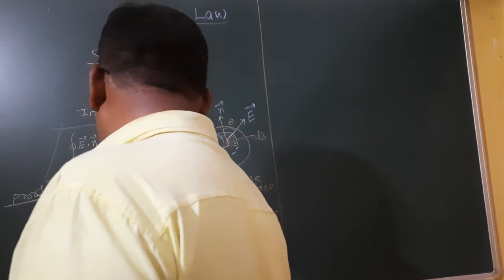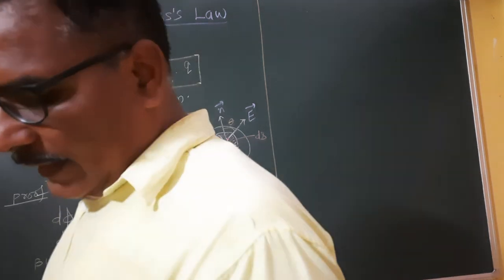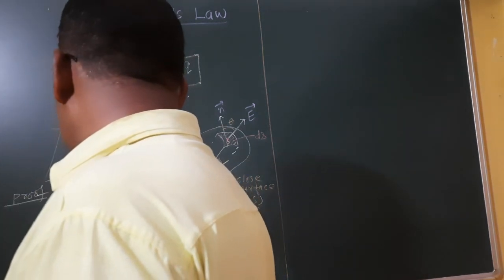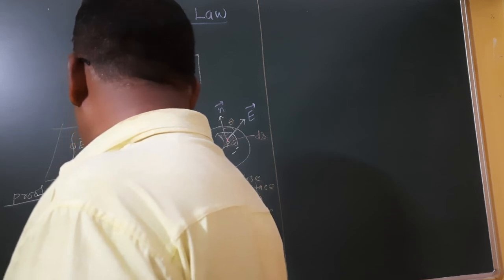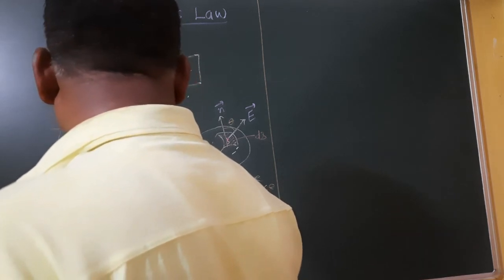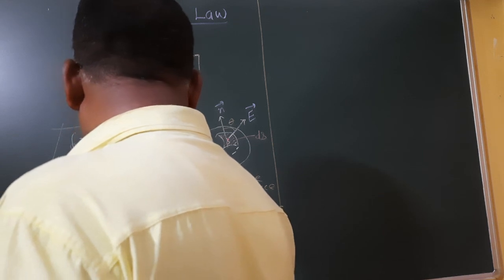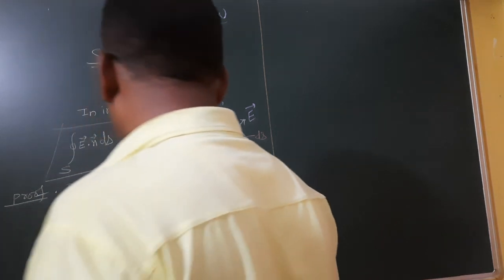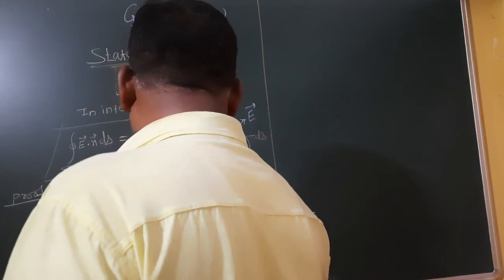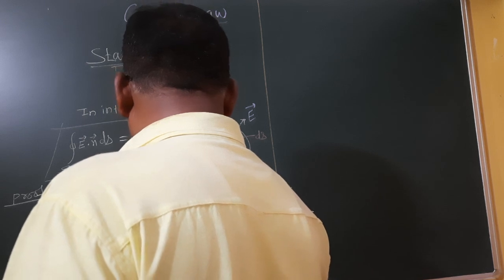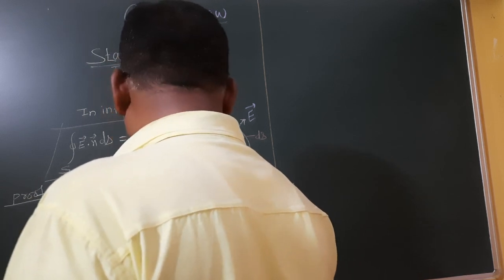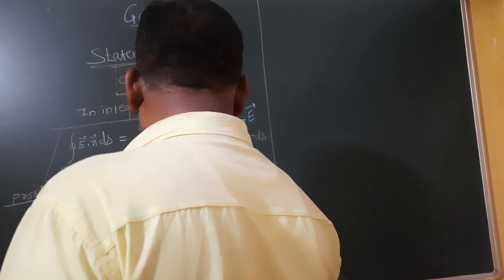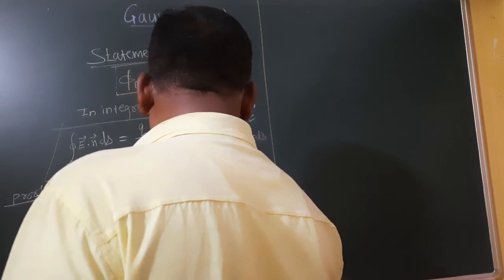This is the expression for electric field intensity, equation 2. From equations 1 and 2 we can say that d phi E is equal to Q upon 4 pi epsilon naught into ds cos theta divided by r square.